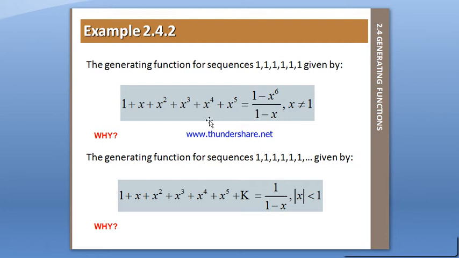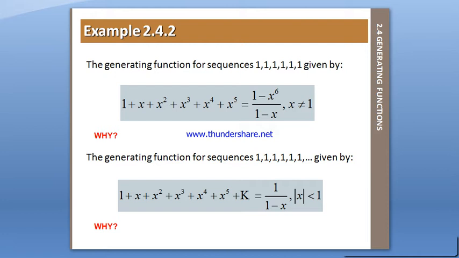The same, when we write it in terms of the geometric function, taking the given finite sequence as an infinite sequence by adding zeros at the end, we have the corresponding generating function equal to 1 by 1 minus x, where mod x is less than 1. This is the generating function for the finite sequence, and this is the generating function for the infinite sequence.